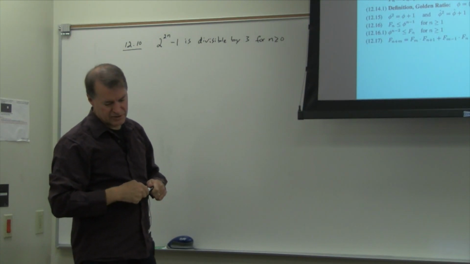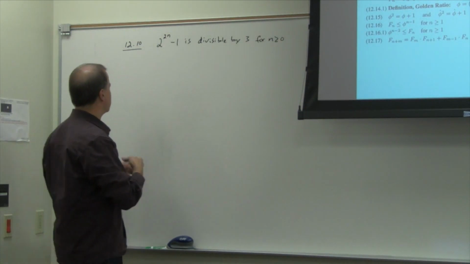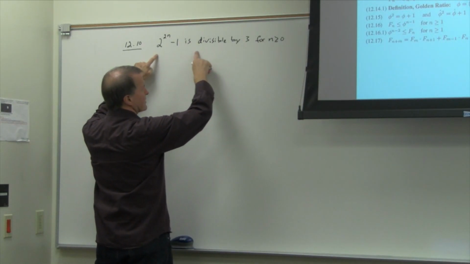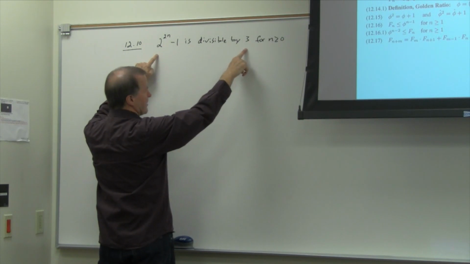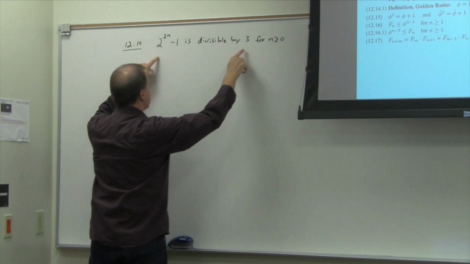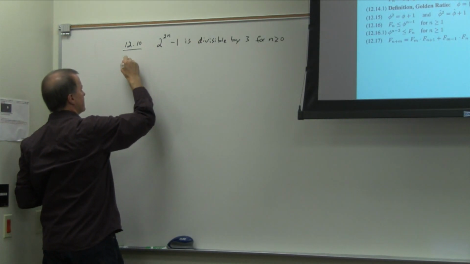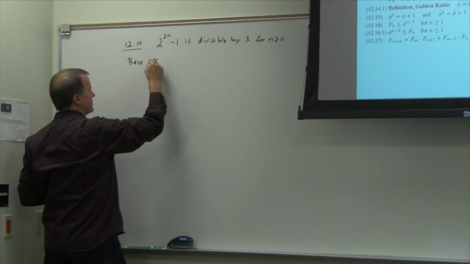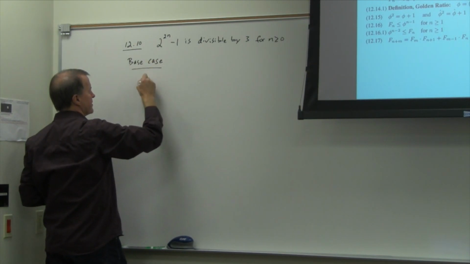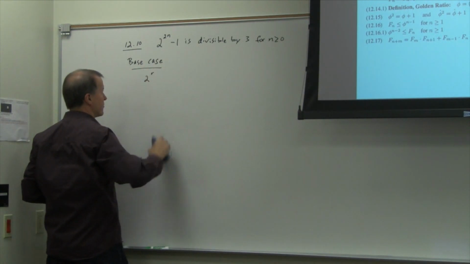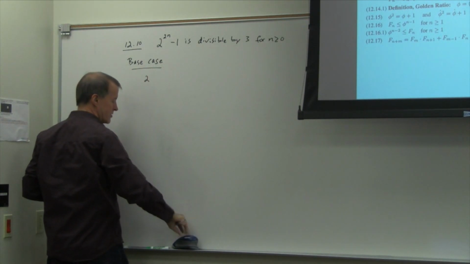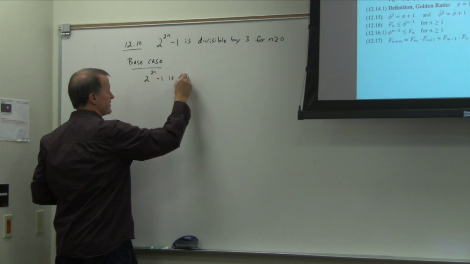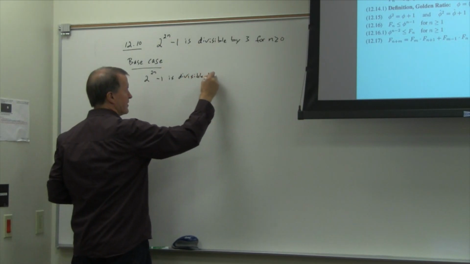Okay, so did you get the base case? So here's how to start off the base case. This is what you're trying to prove. And instead of writing this formally with there exists a k, let's just write this out in English. So base case, you write 2 to the 2n minus 1 is divisible by 3.